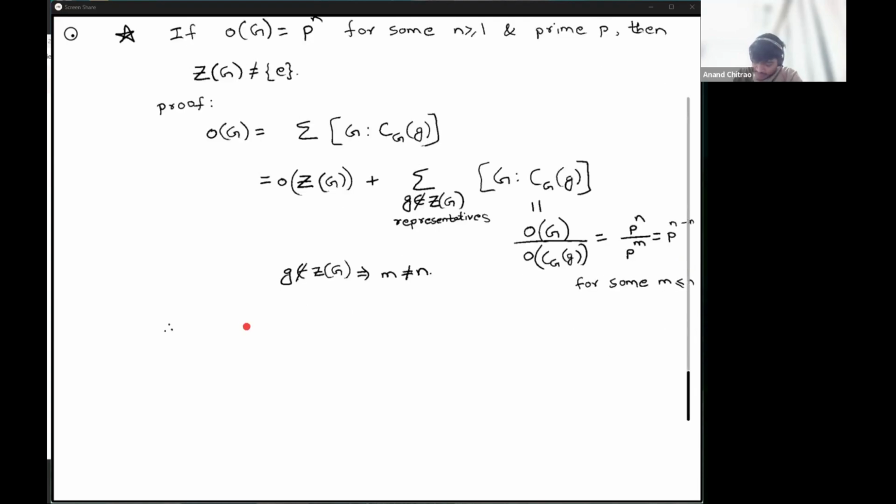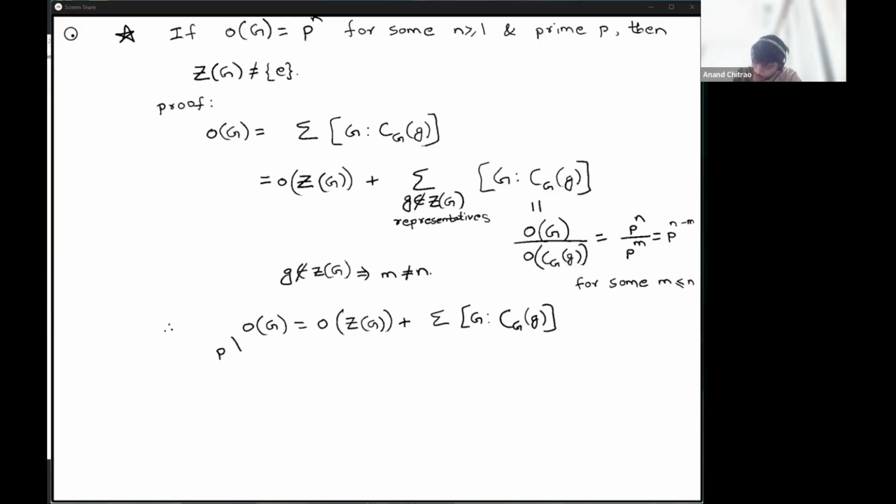Therefore, you can see here OG equals OZG plus the summation of G colon Cg of g. Here P divides OG and P divides all of these indices. This means P also divides order of ZG, right?